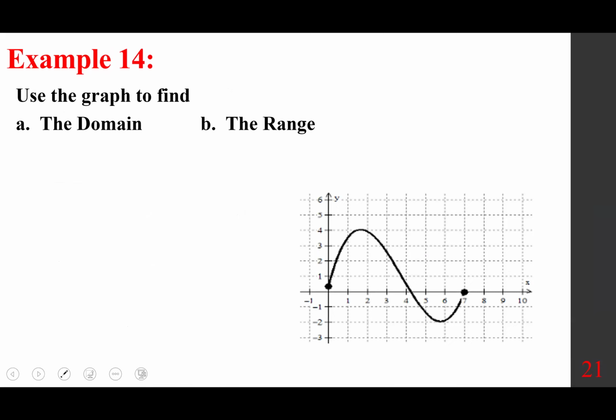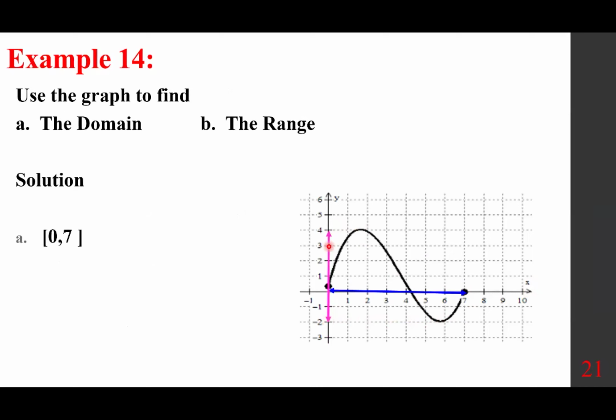Use the graph to find the domain and range. Well, here's the domain, everybody. Anything that we cover along the x-axis by the graph is the domain. Therefore, we go from 0 to 7 along the x-axis. Now the range is anything that we cover along the y-axis. The bottom here covers here, the top here covers here.